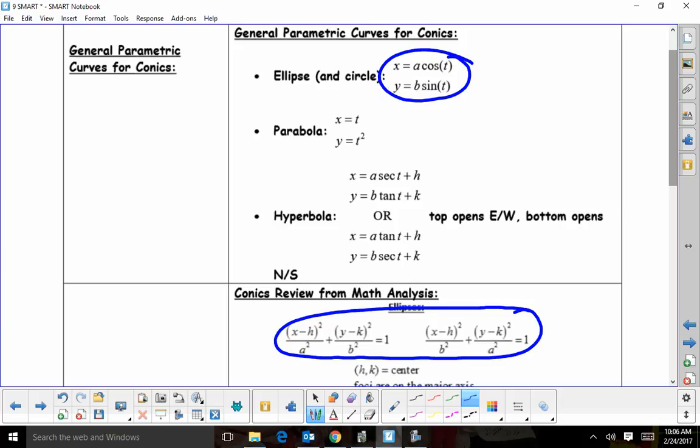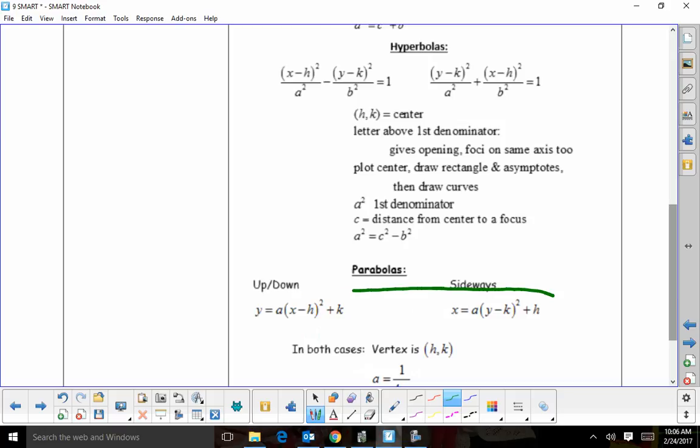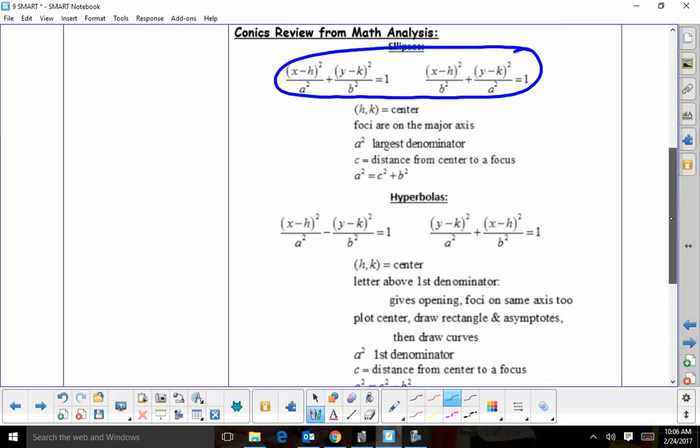Okay. A parabola in parametric looks like this. A parabola in rectangular looks like this. Okay.